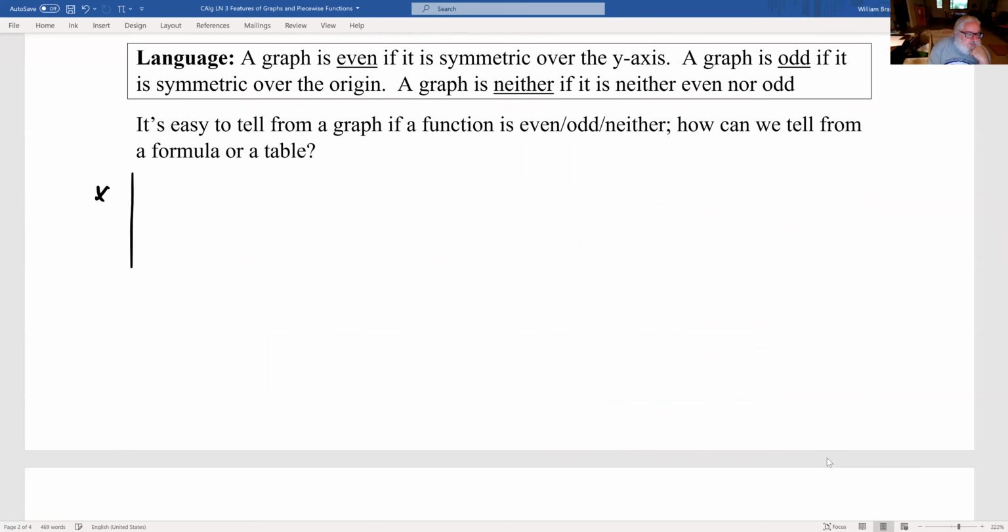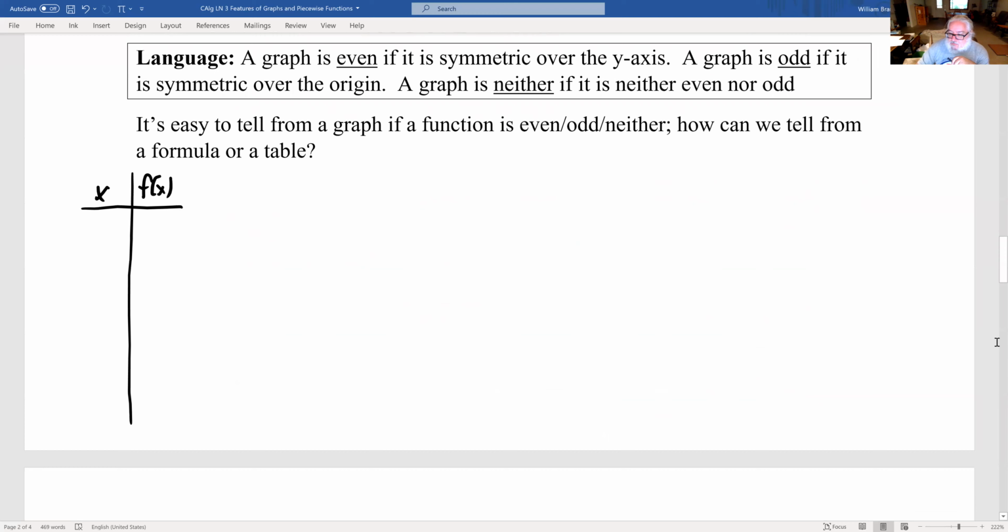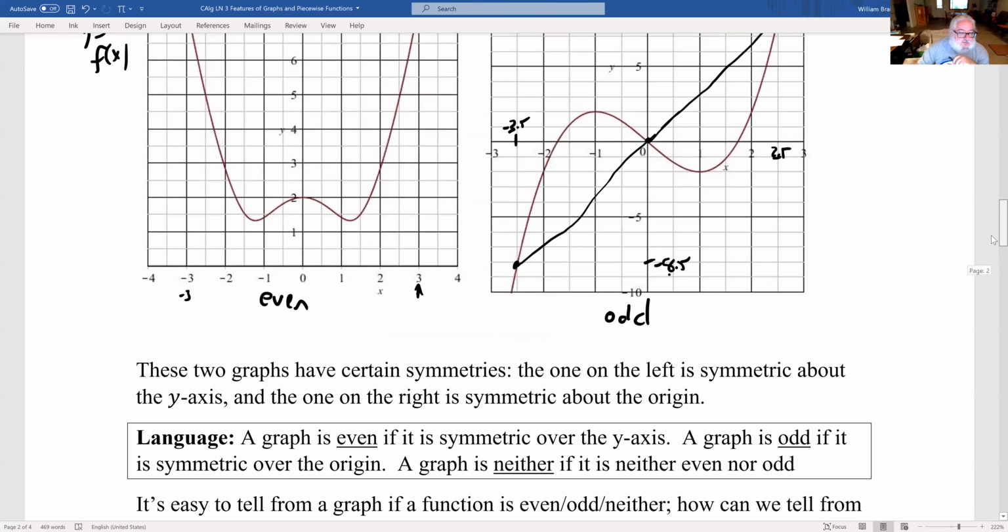So x, f of x, and those are my y coordinates. So if I pick an x coordinate, say 1, that's here. My y coordinate looks like it's about 1.4.